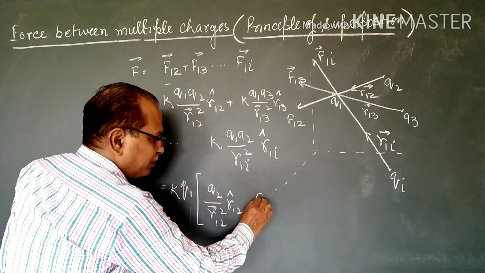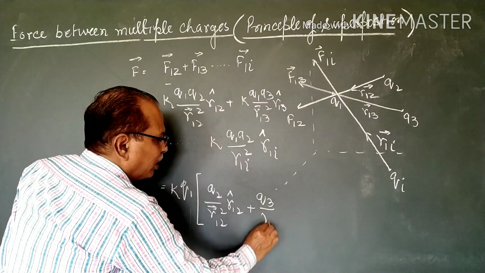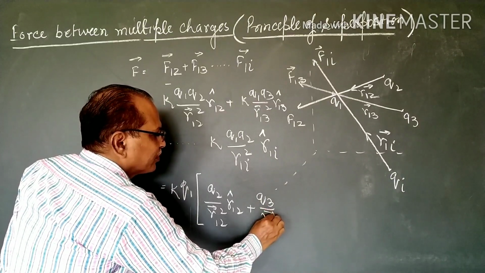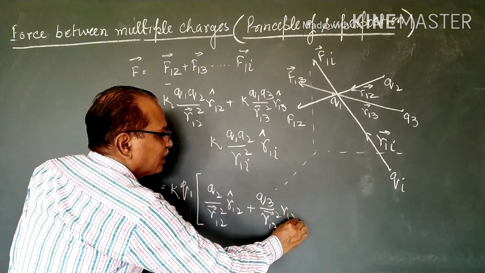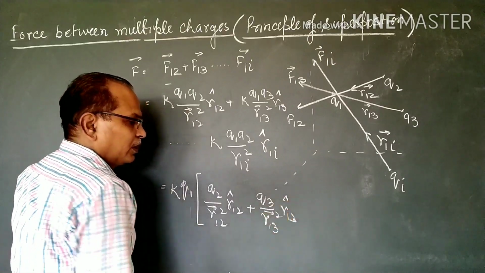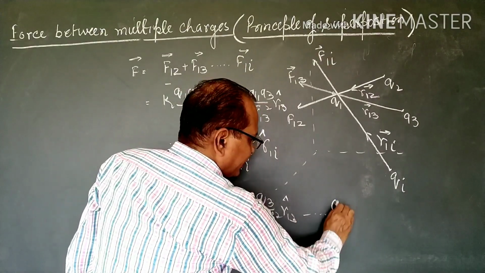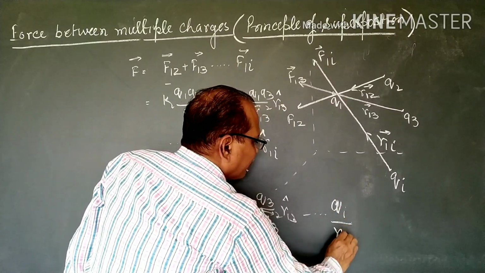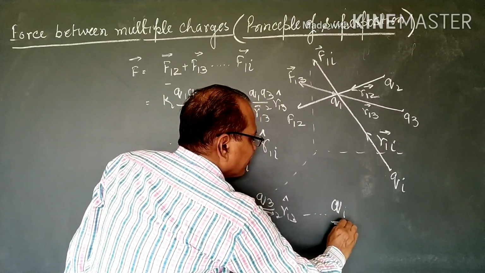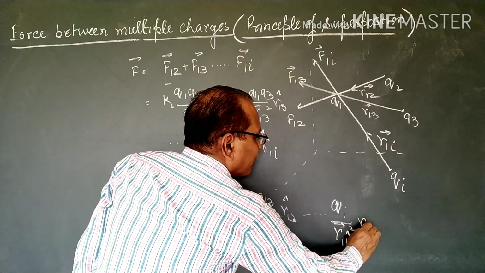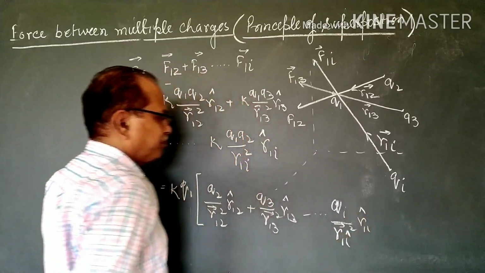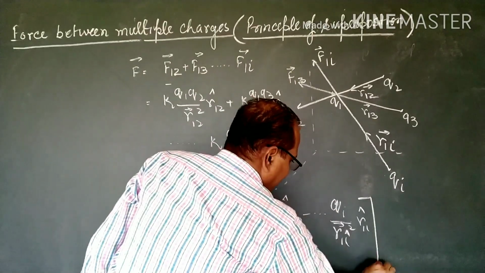So, remaining thing will be Q3 upon R13 square unit vector R13, and for the ith charge Qi upon R1i square R1i cap.